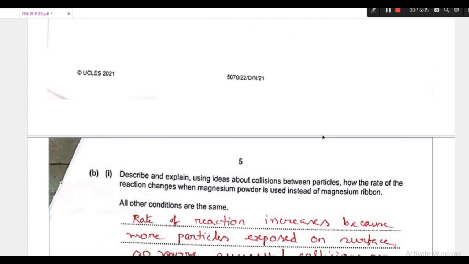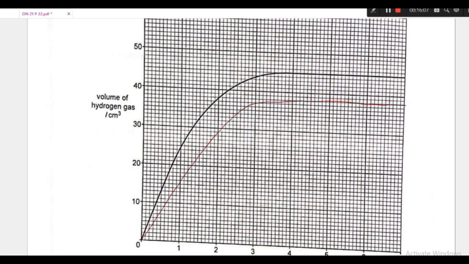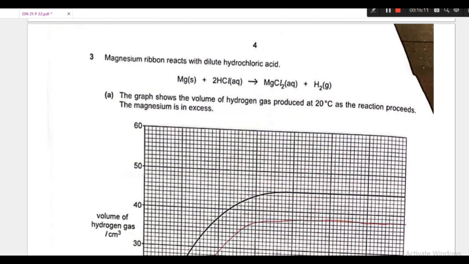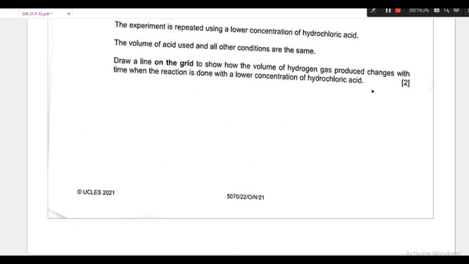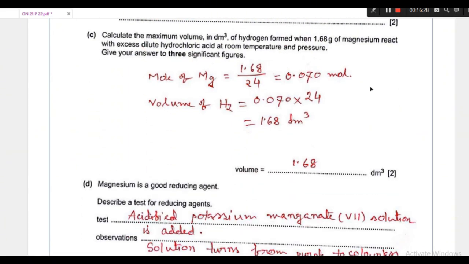So volume of hydrogen: moles of magnesium and moles of hydrogen, mole ratio same. In this equation, moles of magnesium is 1 mole, moles of hydrogen 1 mole. So number of moles of magnesium will be the same as moles of hydrogen.